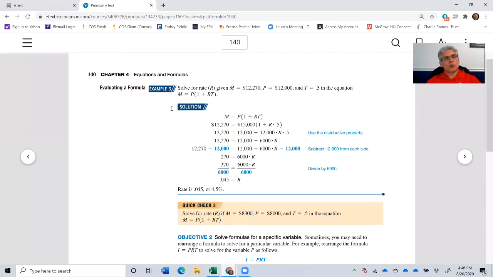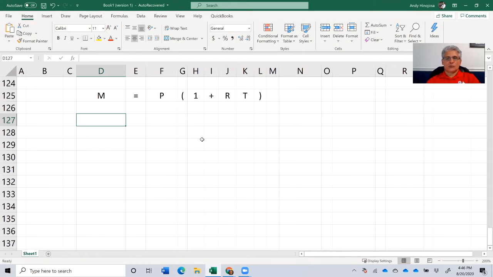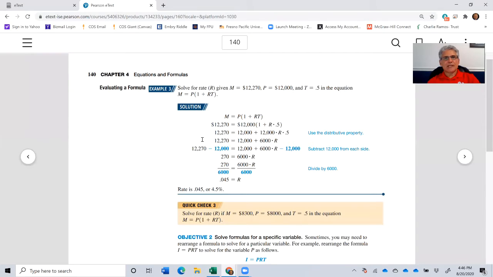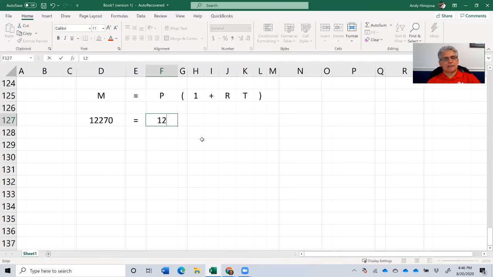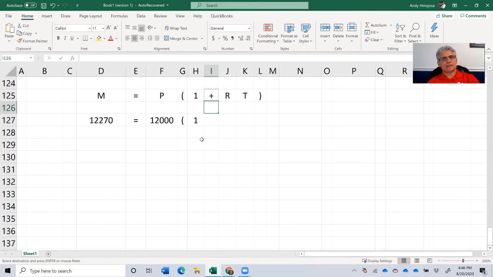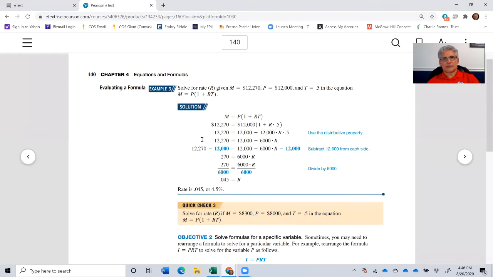Now in this example, they're asking us to solve for R given M is 12,270. So 12,270 equals P, well they gave us that, 12,000, open parentheses 1 plus R, did they give us R?